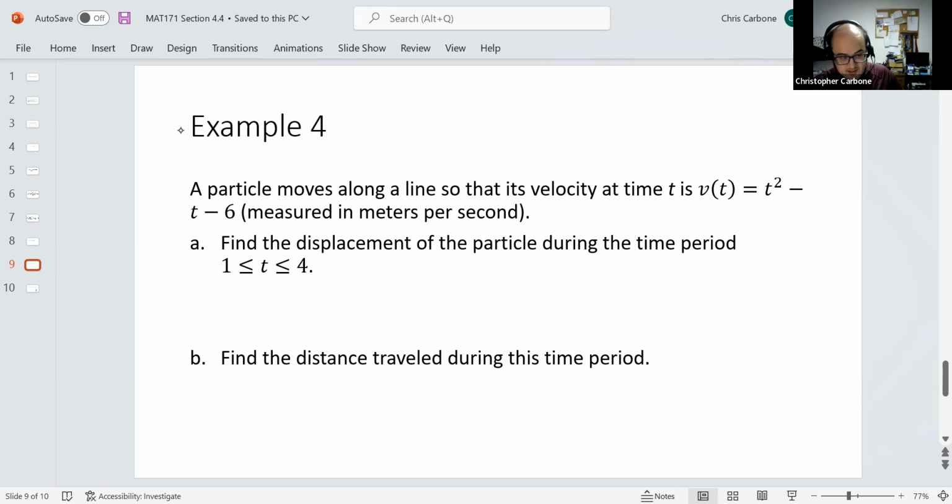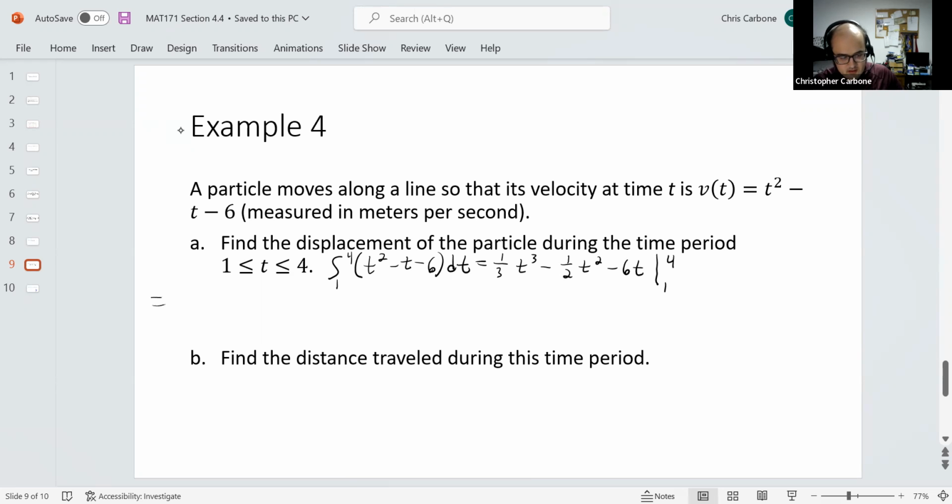So this is simply the integral between 1 and 4 of the velocity function t squared minus t minus 6 dt. Based on this, this would be a third times t cubed minus a half times t squared minus 6t, and this whole thing evaluated between the values of 1 and 4.